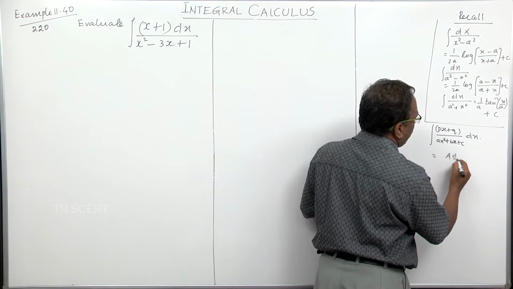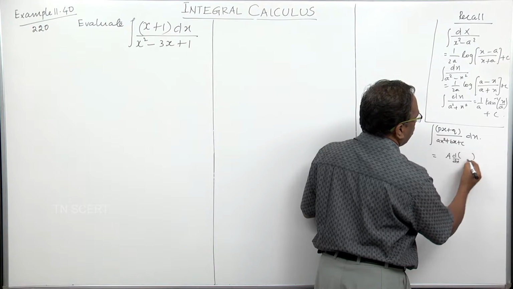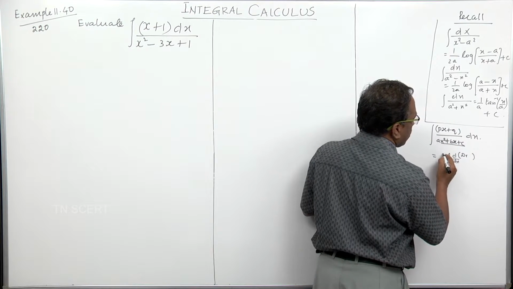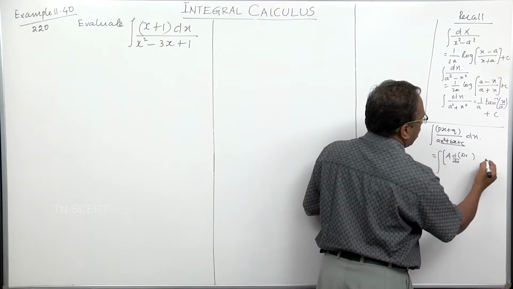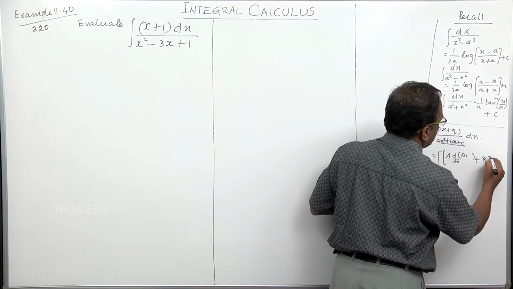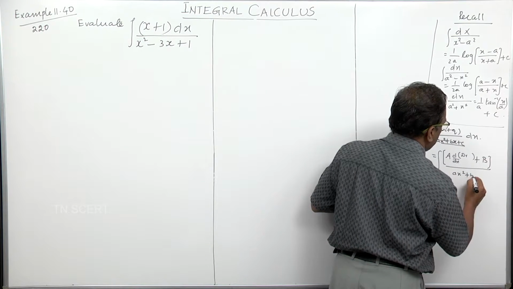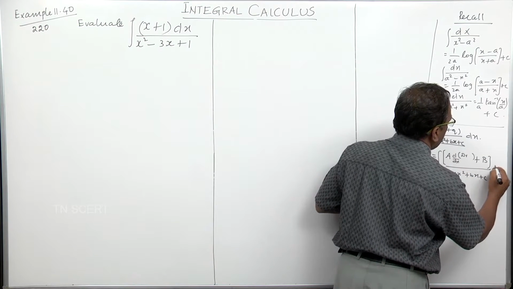Write A times the differentiation of the denominator, whatever exists here, plus B, over ax² + bx + c, dx.